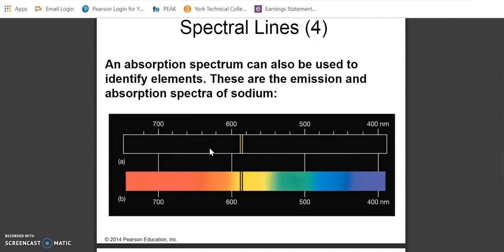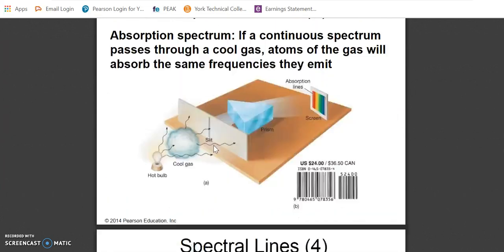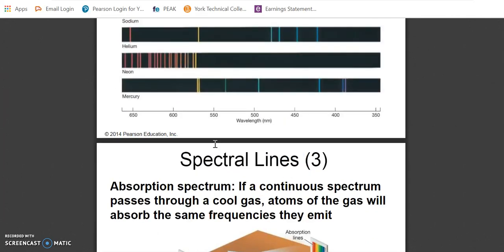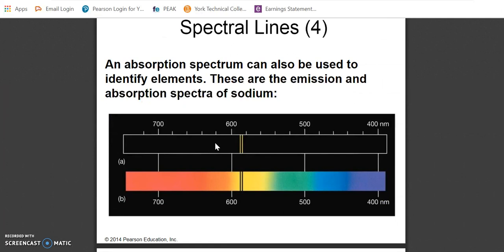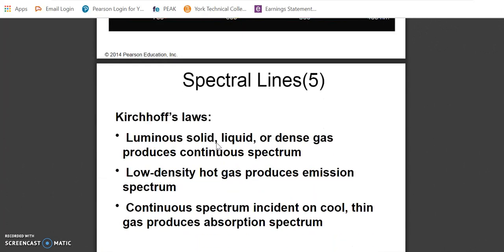All right, so whether it's line spectra or emission spectra, we can tell what material is in the gas.